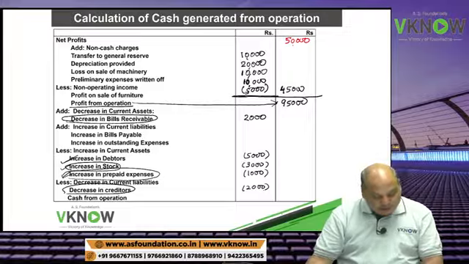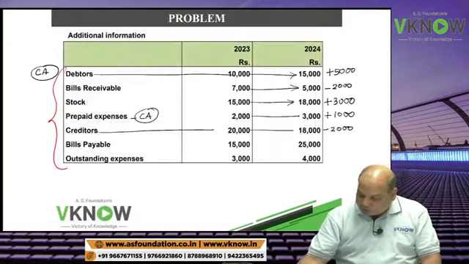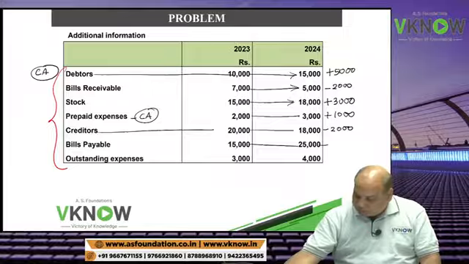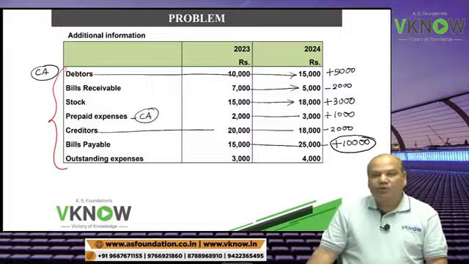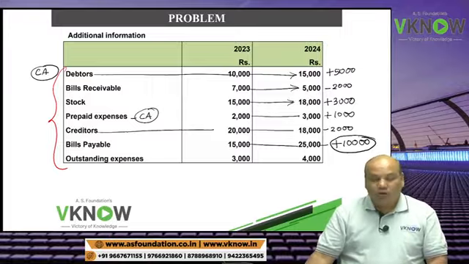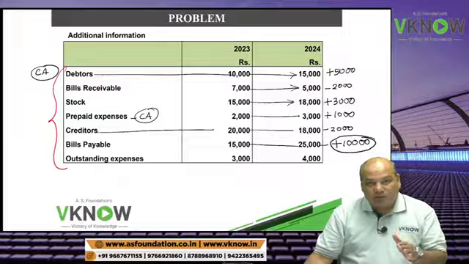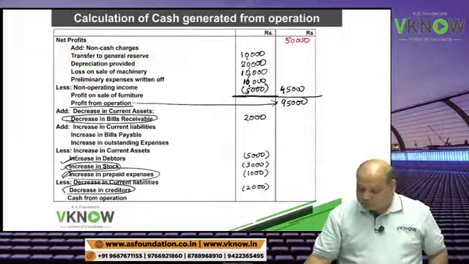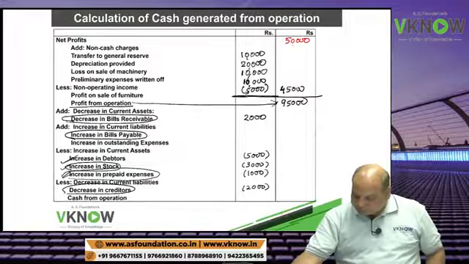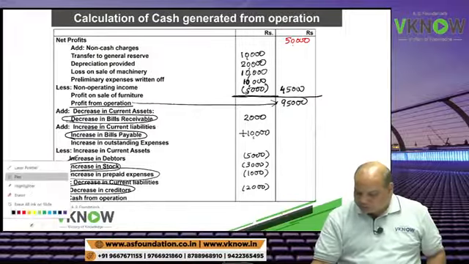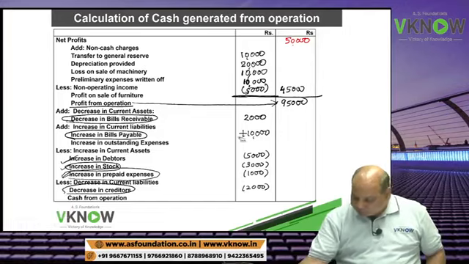Then we have bills payable. On the screen, bills payable plus 10,000. Increase in bills payable, increase in cash flow. On the screen here, somewhere in the center, increase in bills payable plus 10,000, increase in cash flow. You can remove that plus sign.